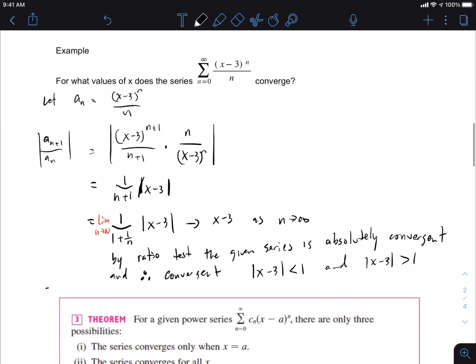So what this implies is that we're going to be convergent from between 2 and 4, and then divergent when x is less than 2 or x is greater than 4. And I can show you that.